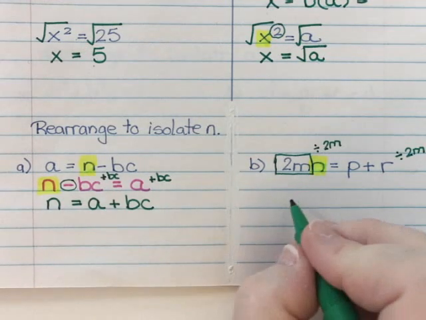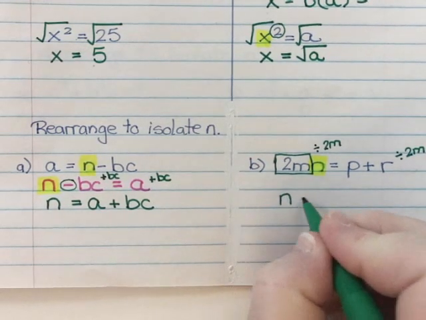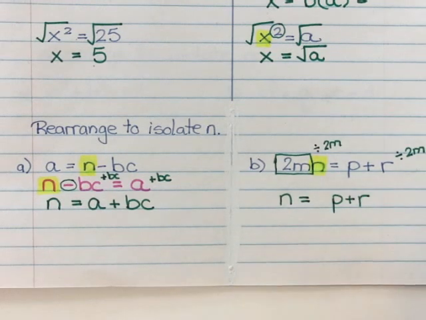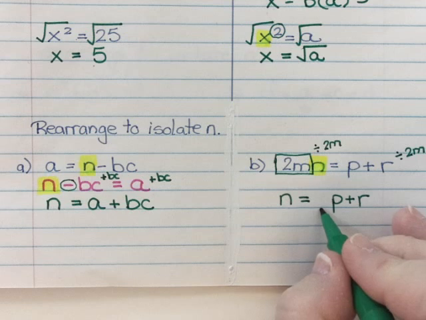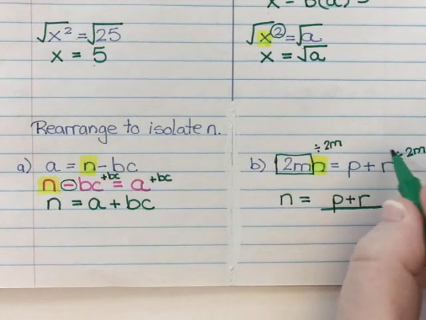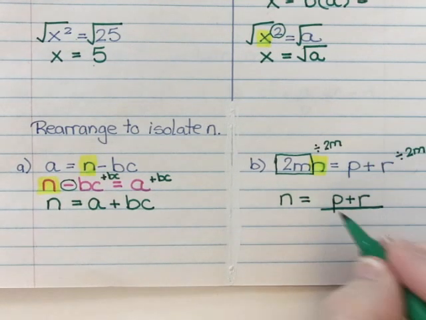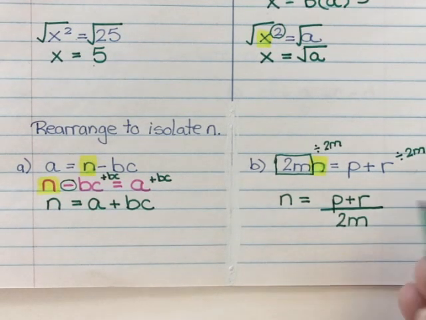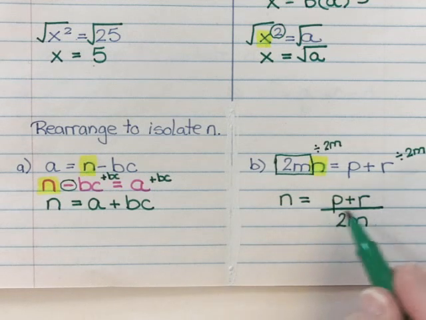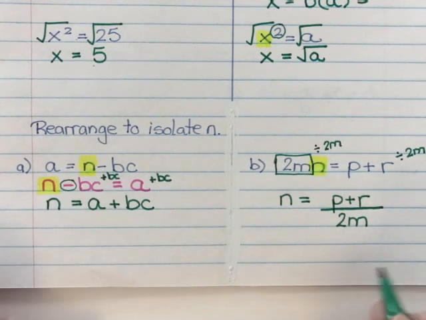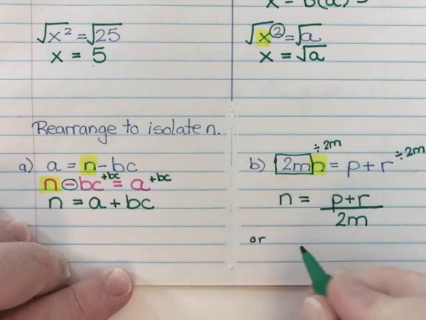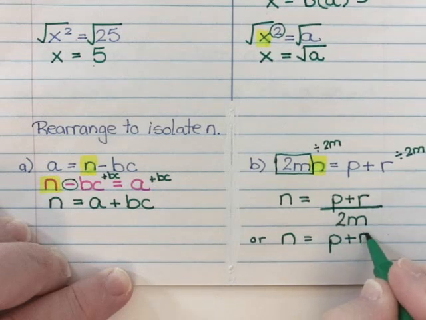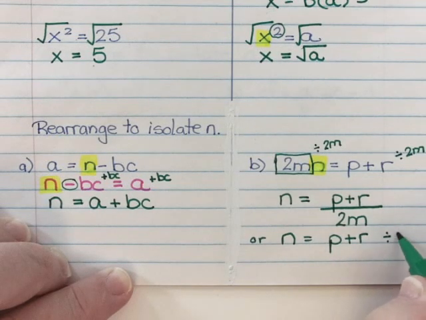Okay, so we're going to get that n, I'm going to start a new line here, equals p plus r. Now, I'm going to be honest, I like to do the fractions, so divided by, and it is the whole thing. You are dividing both P and R by 2m. So I could write it like that, it's P plus R, the whole thing, divided by 2m. Or if you want to, you can say n equals P plus R, and then do the divided by 2m here.